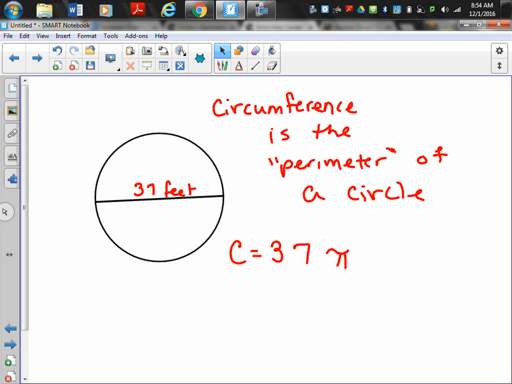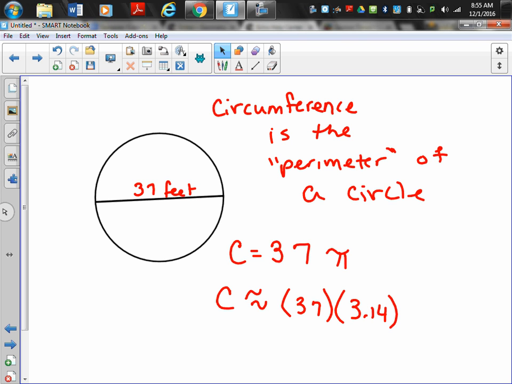Now, is 37 pi going to tell me how much fencing I need? No. So now I'm going to have to substitute the number 3.14 in for pi. So the circumference now is approximately 37 times 3.14.